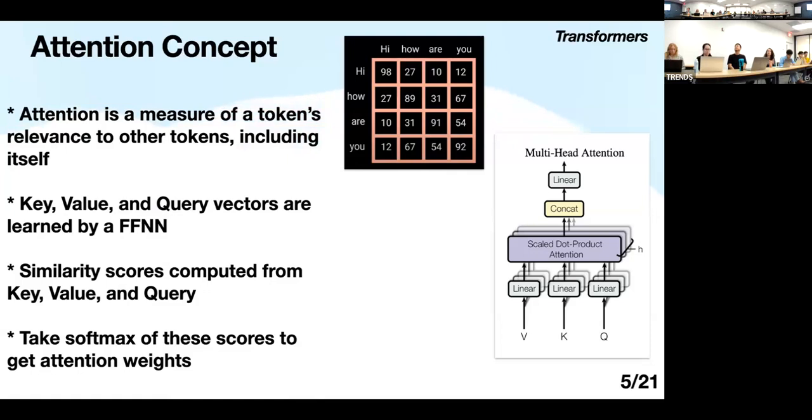To get the probability of the next word, they take the softmax of these computed scores. So the output of the transformer is the word that has the highest probability of occurring next. And the transformer just keeps outputting these words in a sequence until it reaches an end of sequence token.